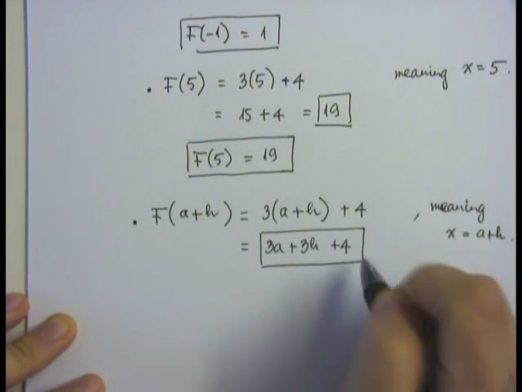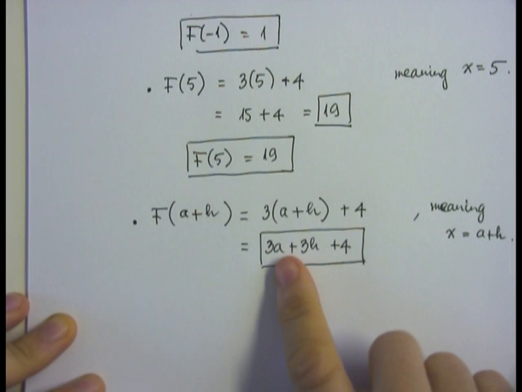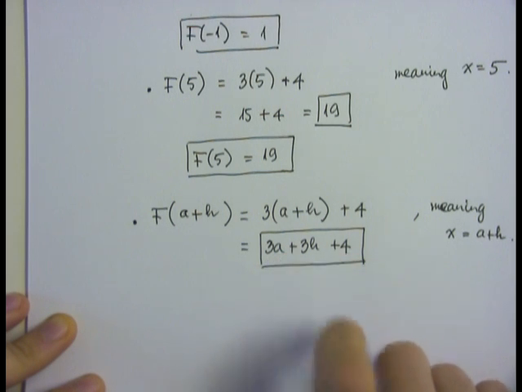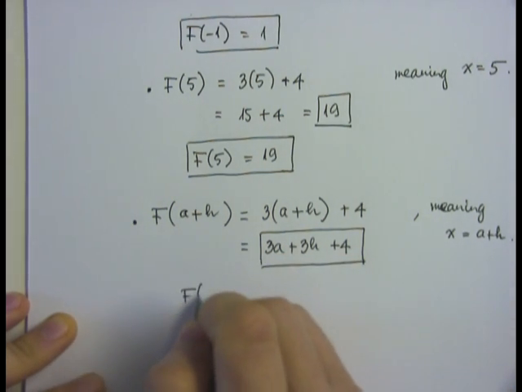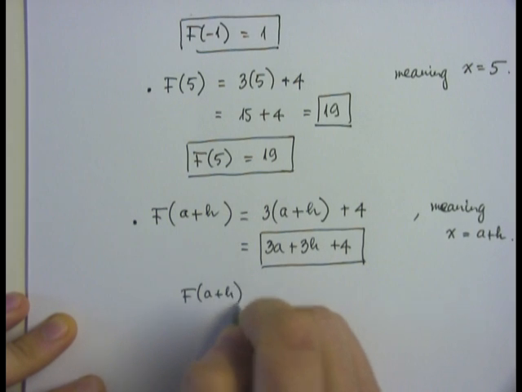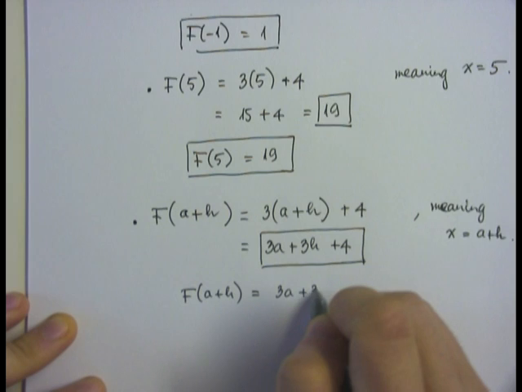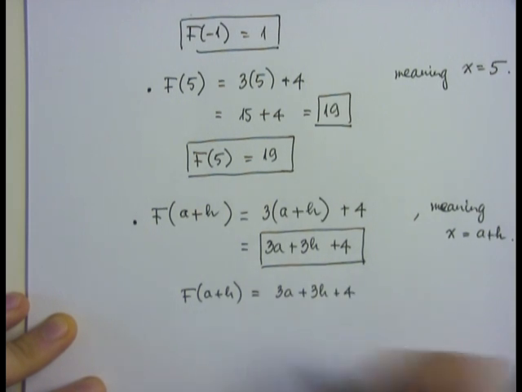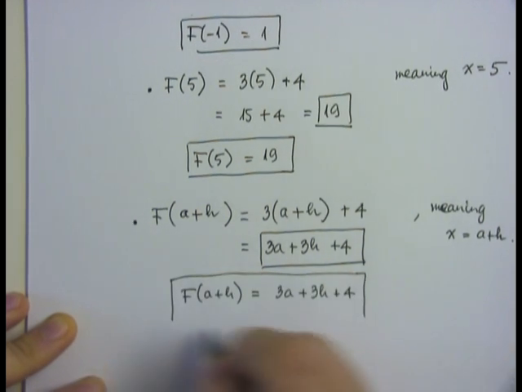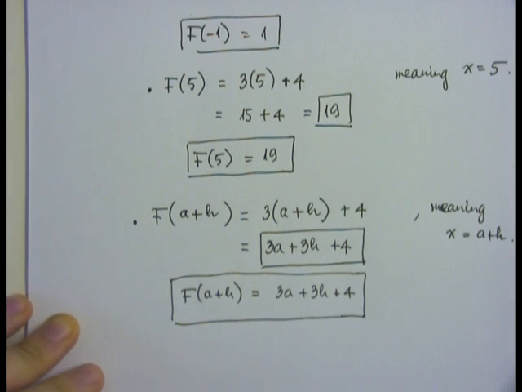It's the function's value, depending on the values of a and h. Or in other words, you can write f of a plus h equals 3a plus 3h plus 4. And so here, these are examples of how you can evaluate a function at different x values. Maybe one more quick one for you to get comfortable again.